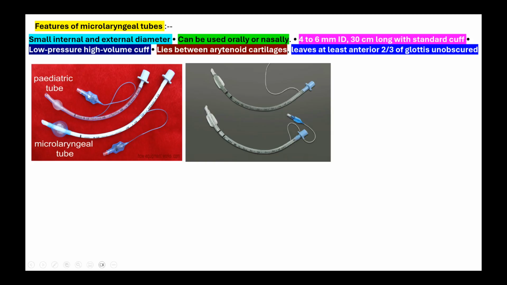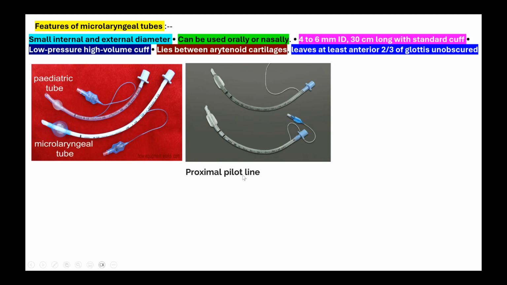See, this is a regular pediatric tube. The pilot balloon's connection tube starts almost very close to the cuff in the pharynx. Whereas if you see here, it starts here. It's almost outside, near about the distal connection. And the bevel also is facing posterior.